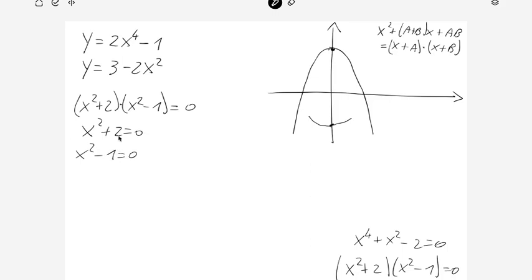This can never be equal to 0 because this quantity has the delta negative if you want, or you have a square plus 2, it is always positive, so never equal to 0. And in order to solve the other, this is just x squared is equal to 1, so we compute the square root, x is equal to plus or minus 1.